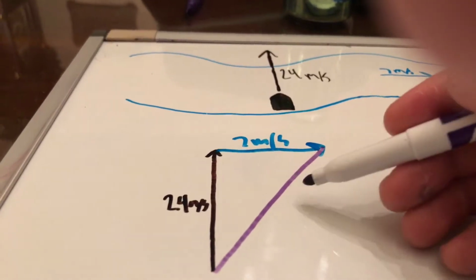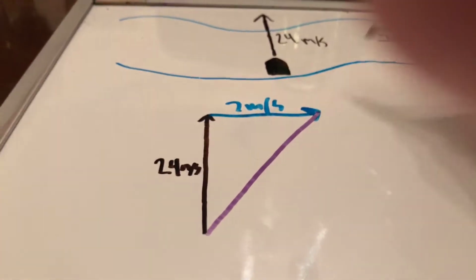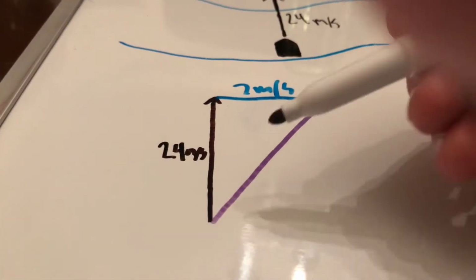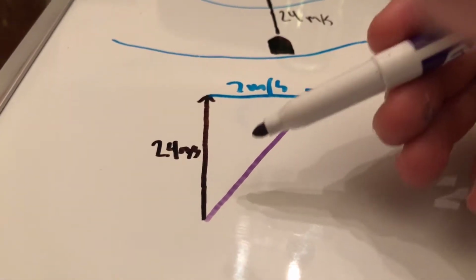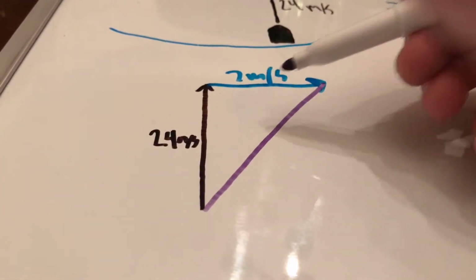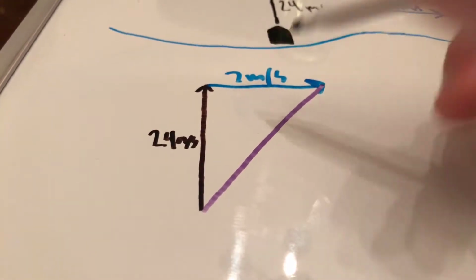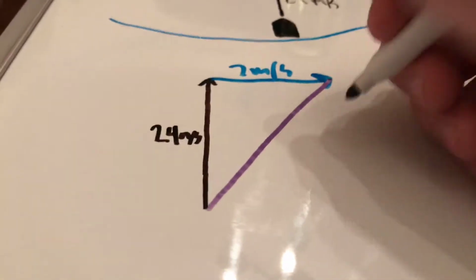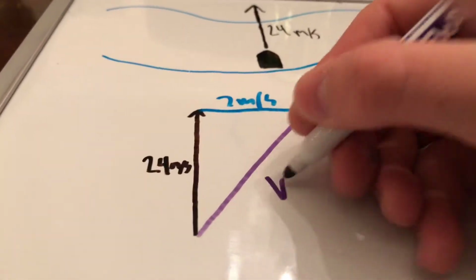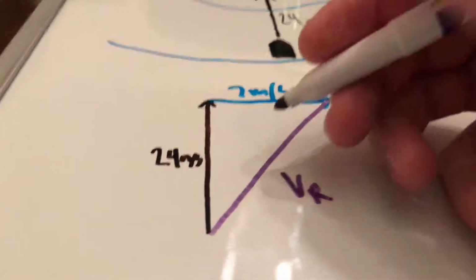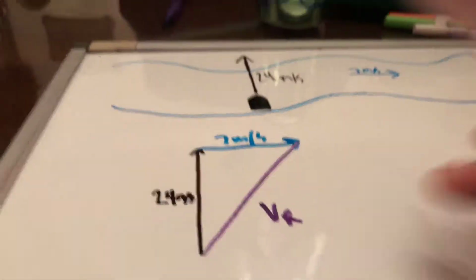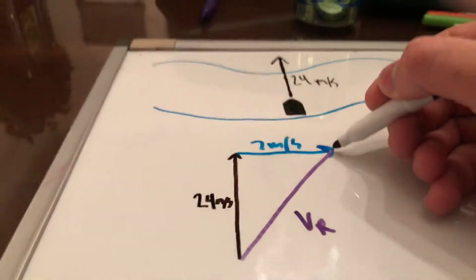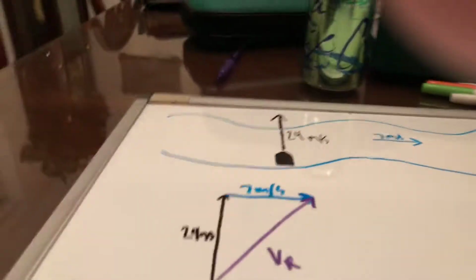So this is the actual path the boat would take, because this 7 meters per second would affect the boat. It would not travel straight across, since there's this push from the river 7 meters down the stream. So this would be the actual path that our boat would take, and we're going to label that VR. And arrows like that.